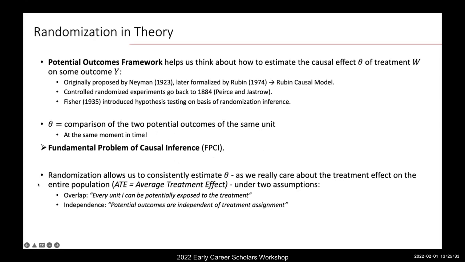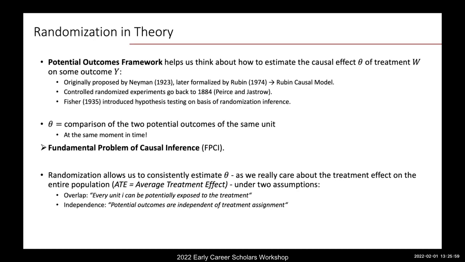Now, what randomization allows us to do is to consistently estimate theta, because what we really care about is the treatment effect on the entire population, which is also called the ATE, the average treatment effect. For randomization to give a consistent estimate of theta, we need to meet two crucial assumptions, okay?